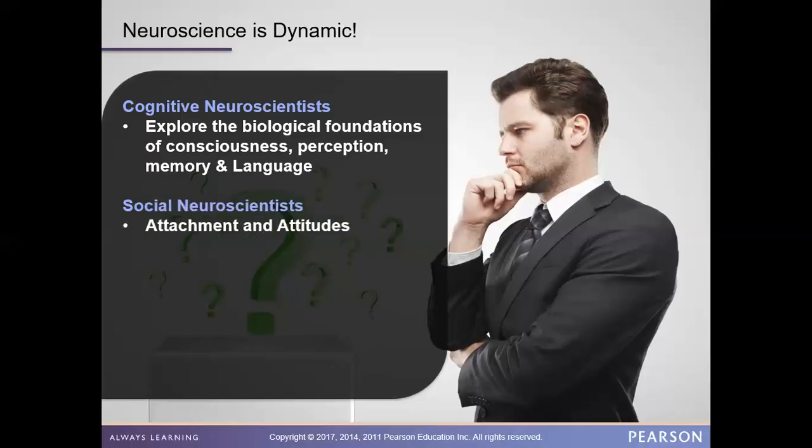There's social neuroscientists, talking to you about things like attachment and attitudes, how we feel about a thing. Who do we see as a secure base for us as a child?